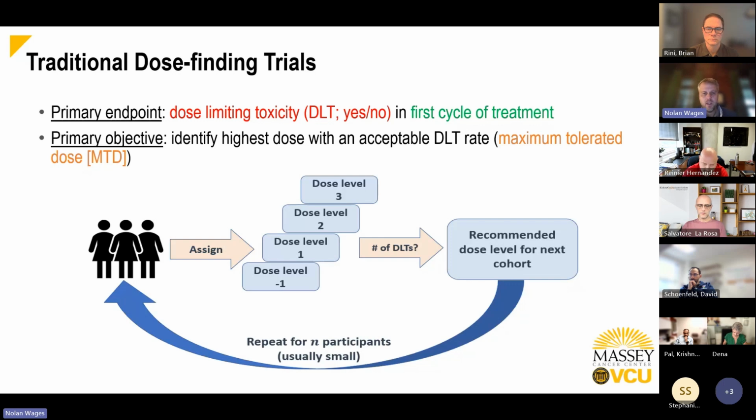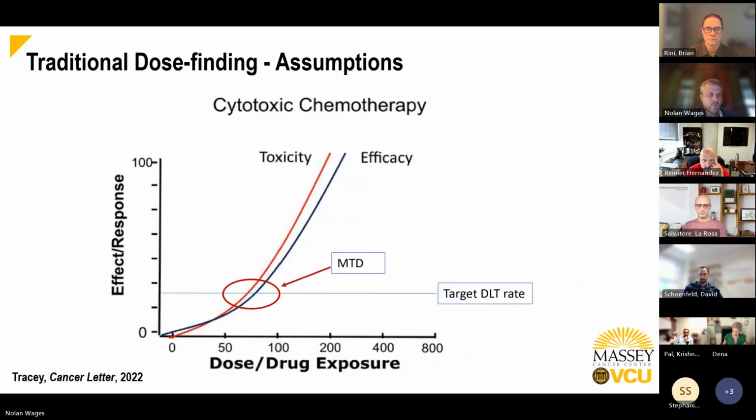So this is the general idea or the general setting we're going to be working within, and then we're going to build on this a little bit throughout the talk into more complex settings. But this has historically been the dose finding setting in which a lot of designs have been developed.